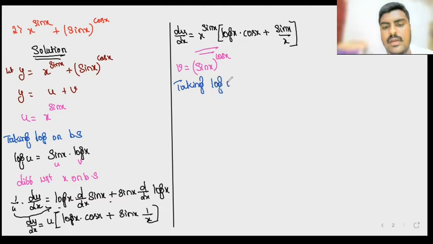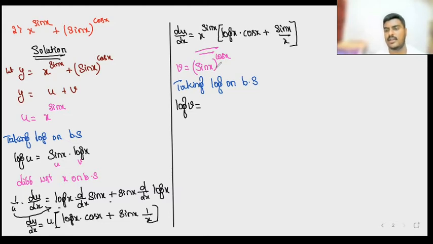Log v equal to, so when you are taking log x power n, it equals n into log x. So here cos x into log sin x, it will come to here.